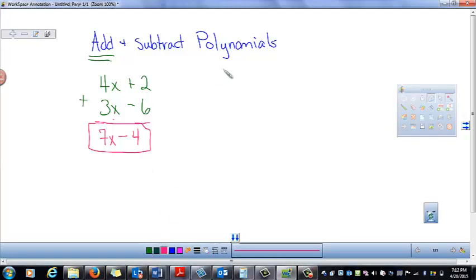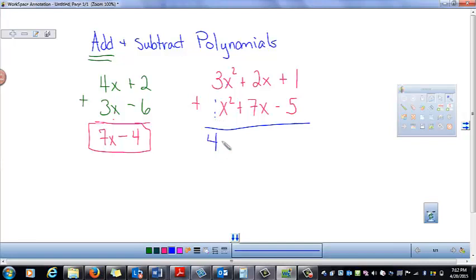So another one would be like 3x squared plus 2x plus 1 plus x squared plus 7x minus 5. And so you're going to add the ones that are the same. So if I add the ones that are the same, I have 3x squared and x squared, so we put that imaginary 1 there.